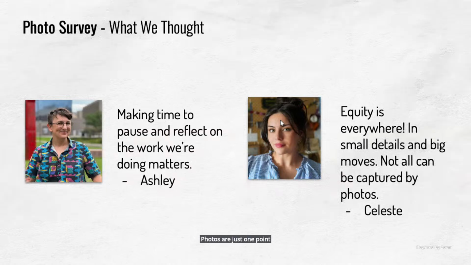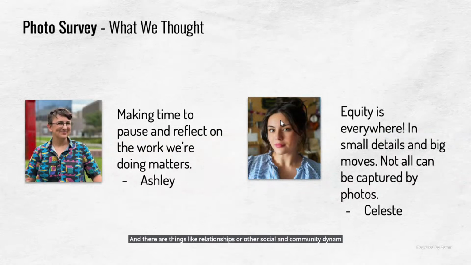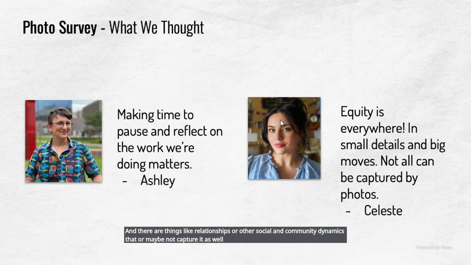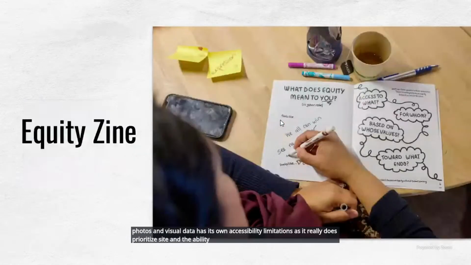Things change in these spaces so fast. And there are things like relationships or other social and community dynamics that are maybe not captured as well through just photos. And also, focusing on photos and visual data has its own accessibility limitations, as it really does prioritize sight and the ability to view images.